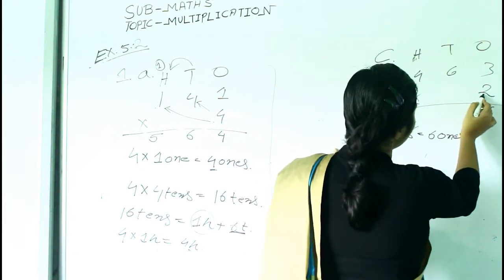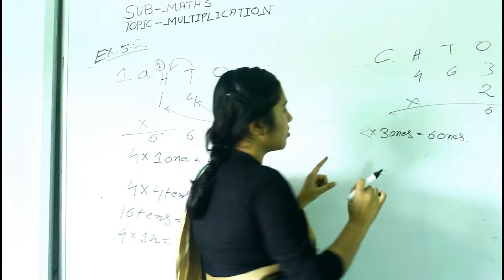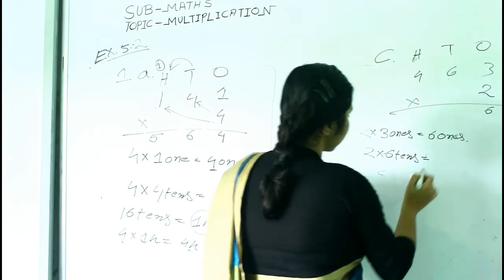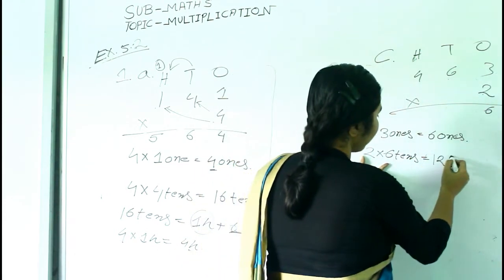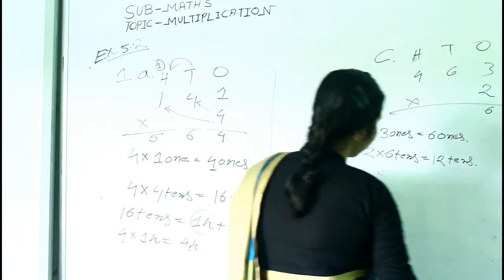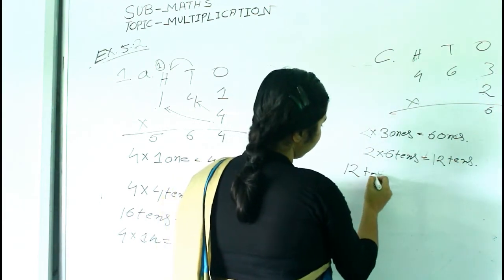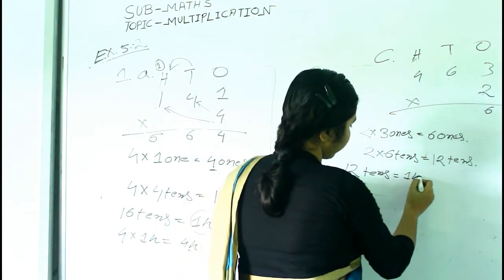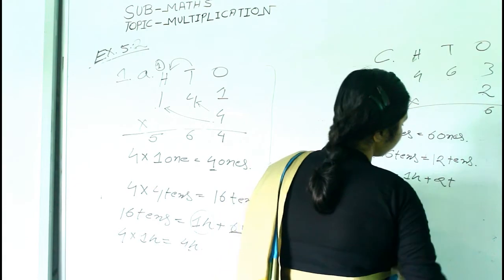Next multiply 2 with 6 tens, which equals 12 tens. Now again regrouping is needed, right? So you can write 12 tens as 100 plus 2 tens.